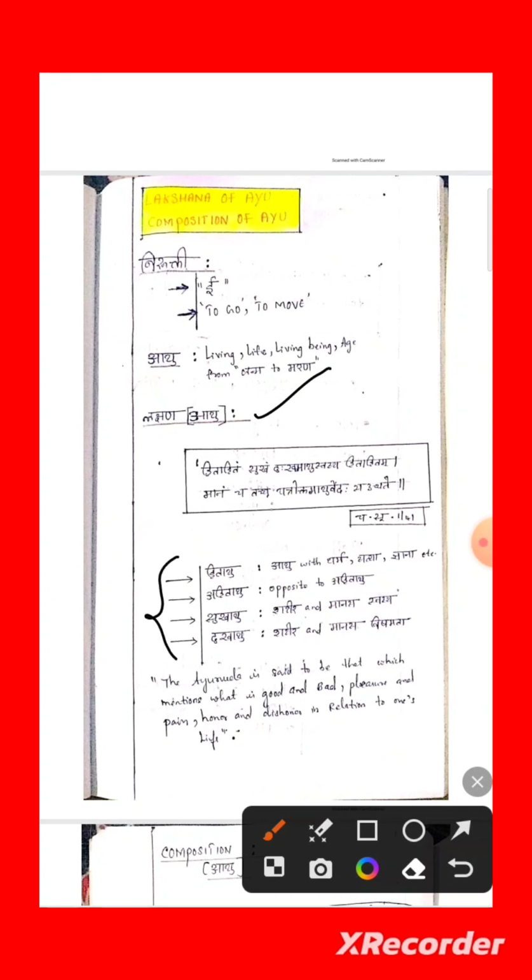The Lakshana of Ayu is explained in 4 terms: Hitayu, Ahitayu, Sukhayu and Dukhayu. Hita is beneficial, ahita is not beneficial, Sukhayu is good, or Swastha, and Dukhayu is Aswastha. Whoever is watching the video, please consider yourself: you have beneficial things and not beneficial things, good things and bad things, pleasure and pain, honor and dishonor.